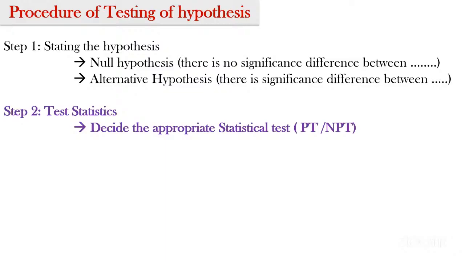So PT is parametric test, NPT is non-parametric test. We will understand in the further slides how to decide that in detail. So your step 2 is to decide the appropriate statistical test.